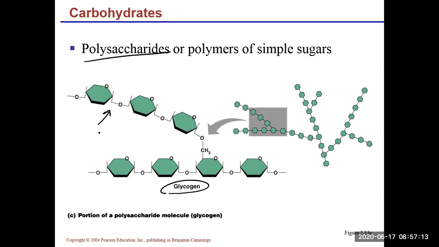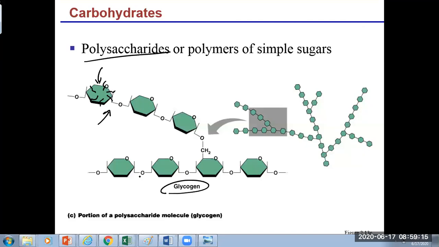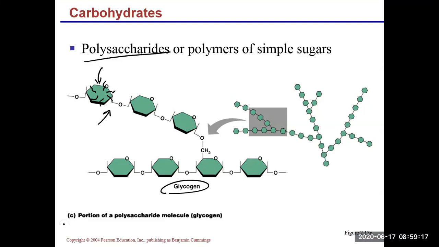These bonds need to break. All of this breaking requires energy, but then it releases some energy that you could use to do work. All right. So that's what happens as far as the polysaccharide goes.